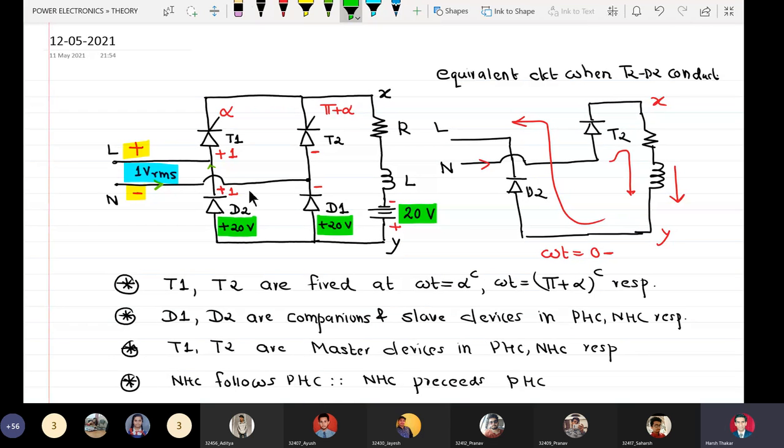See what is happening here. D2 has plus 1 volt at its cathode, but it is having plus 20 volts at its anode. So it is remaining forward biased. From the source side, D2 is getting reverse biased, but from the anode side, because it is having plus 20 volts, D2 is remaining forward biased.